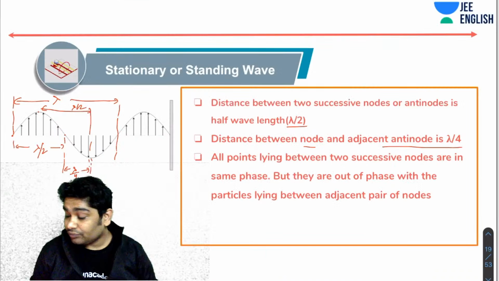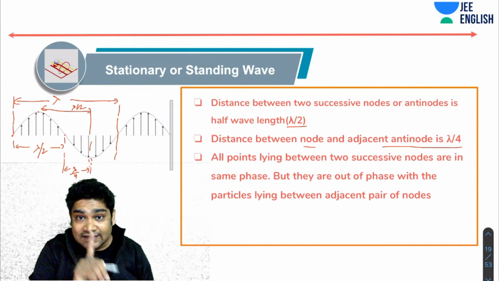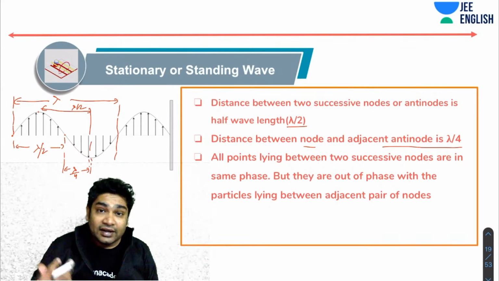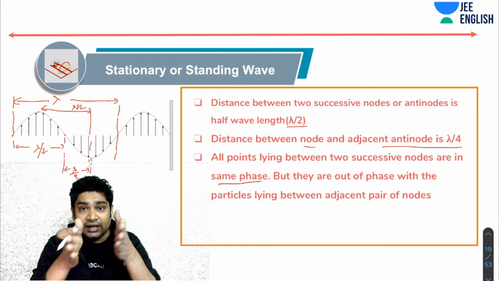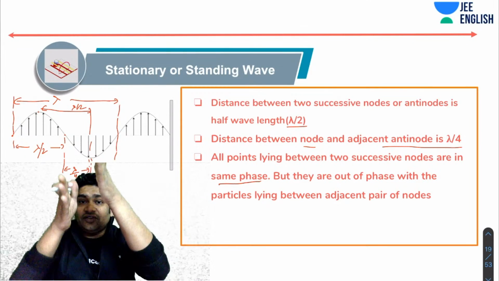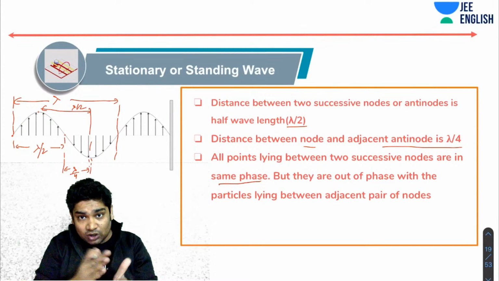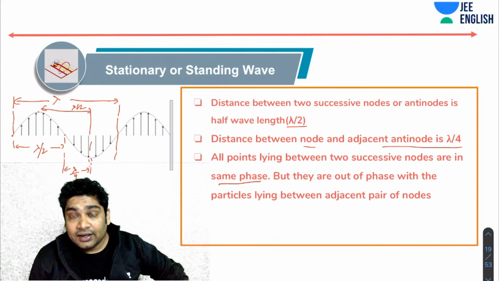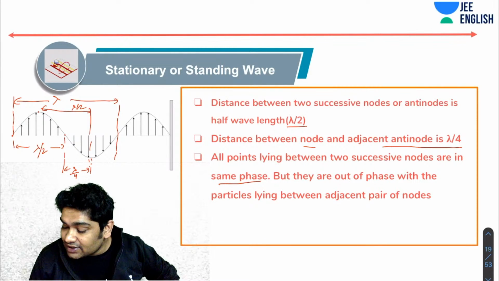So all points lying between two successive nodes are always in the same phase. Now this is interesting. In the case of traveling waves, every particle next to another is oscillating with a slight phase difference. Here, this entire loop oscillates in the same phase.